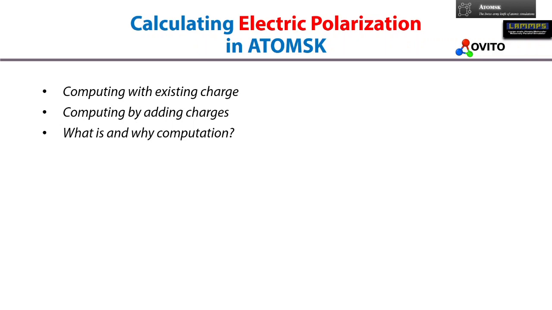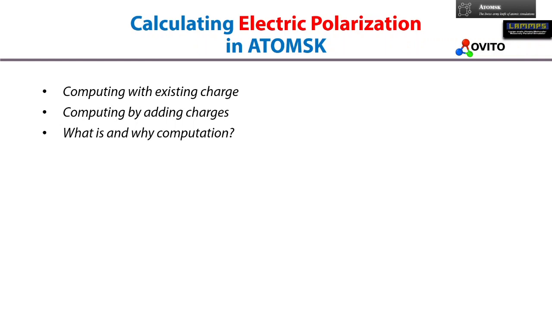So what does the calculation of electric polarization mean? When the charges of your center or core and the charges of your shells are separated by a certain distance, then polarization occurs. The amount of this polarization, mainly the distance between the core and shell, can be calculated with the help of ATOMSK.